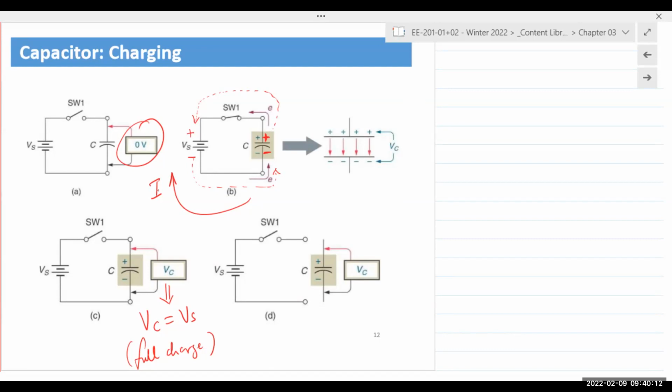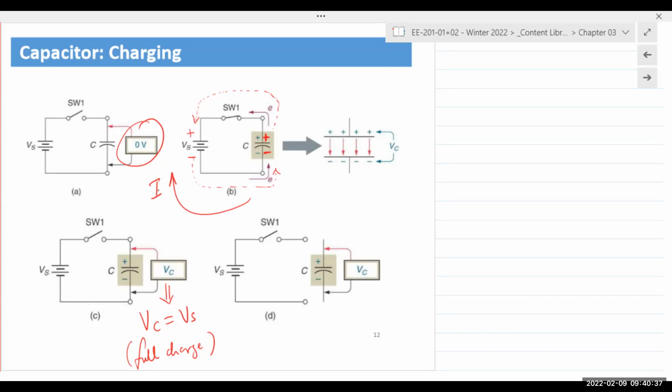What happens when it reaches full charge? Electron flow stops, right? When Vc equals Vs, no more charge imbalance, so no more flow of electrons in the circuit. So I goes to 0. When I goes to 0, there is no more electron flow. Now we can say that the capacitor has reached steady state.